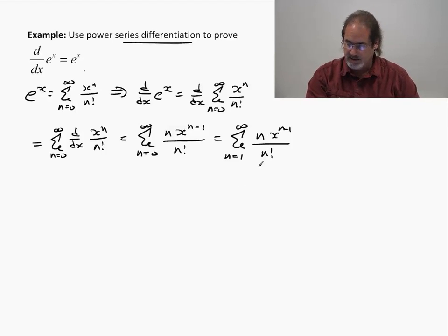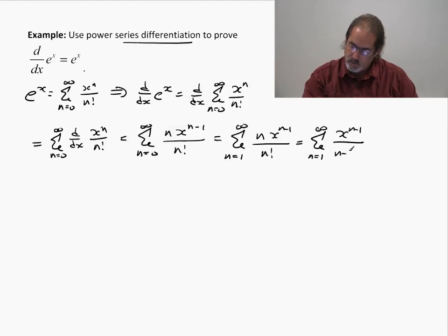Now this will actually reduce. So this is going to be equal to the sum, n equals 1 to infinity, of x to the n minus 1 over n minus 1 factorial, because the n will cancel with the n in the n factorial. Now, when that happens, I can relabel this.